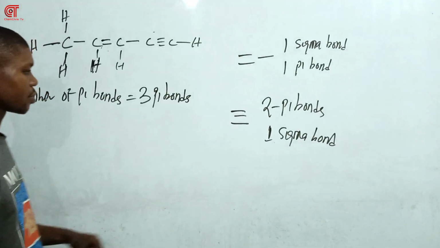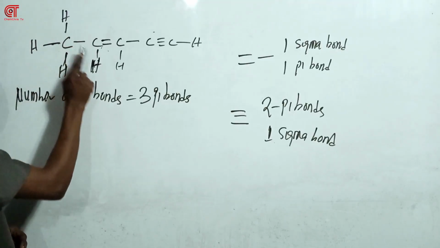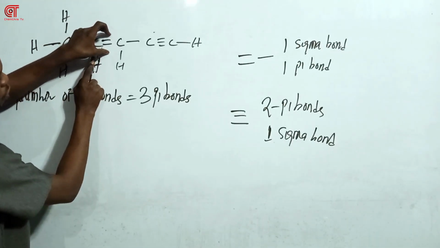Then if you look at the sigma bonds here, we have 1, 2, 3, 4, 5. Remember, whenever I see a double bond, it contains one sigma bond.